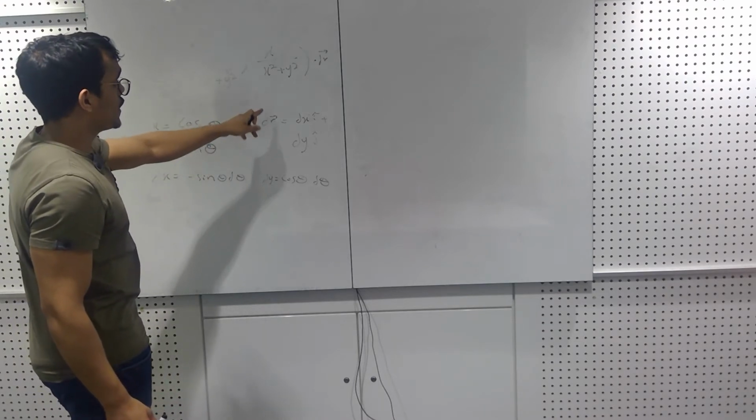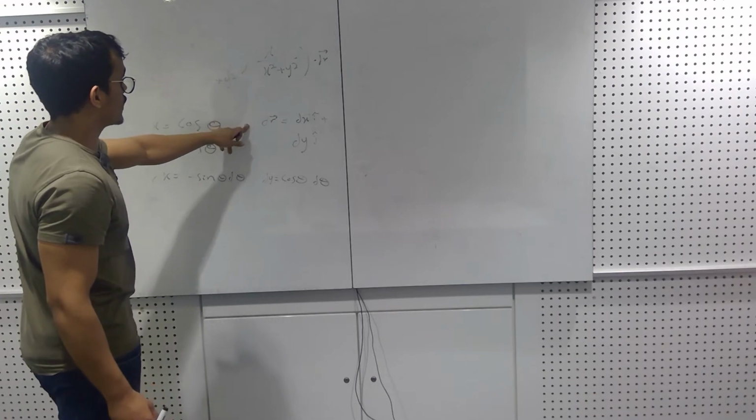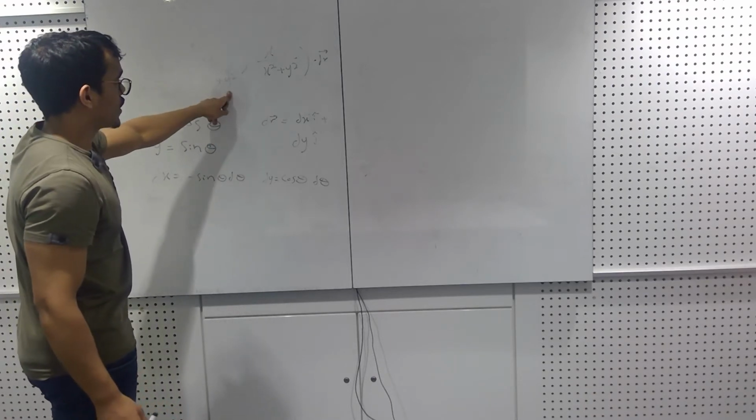So we take the dot product. First thing, change the function. So x squared plus y squared is equal to 1.